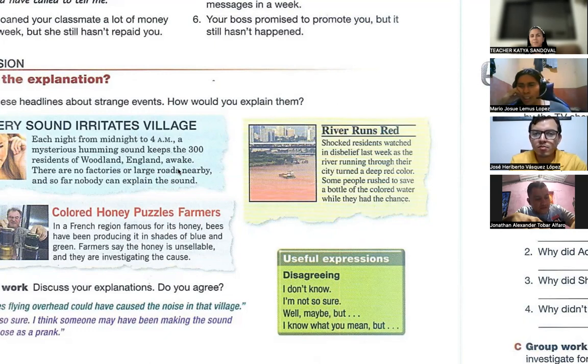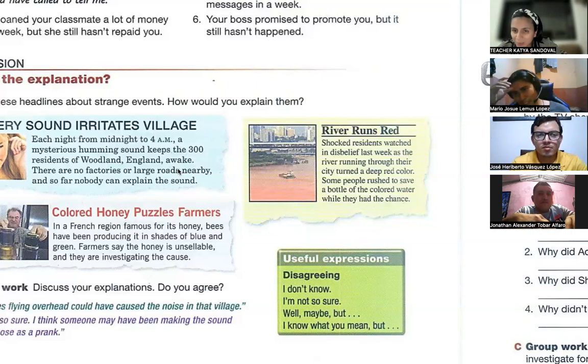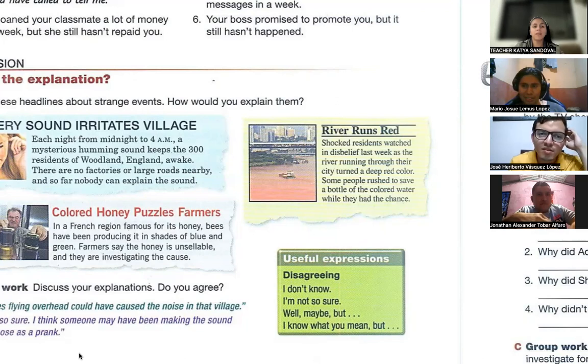Maybe it's like here in El Salvador. I remember one lake turned green because of algae. Coatepeque. Yes, Coatepeque. Maybe some algae makes the river red, or some fish. I don't know. Yes, that can be one reason, right? Another comment? Yes, I agree with Mario.